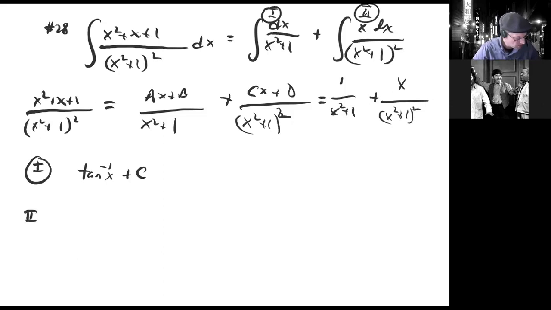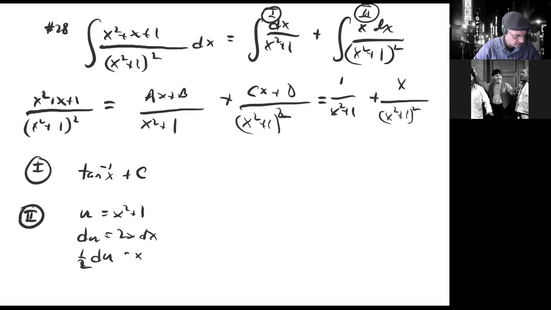For integral 2, we're going to use a u substitution. u equals x squared plus 1, so du is 2x dx. So 1/2 du is equal to x dx. So the integral becomes the integral of x dx, which is 1/2 du over u squared.